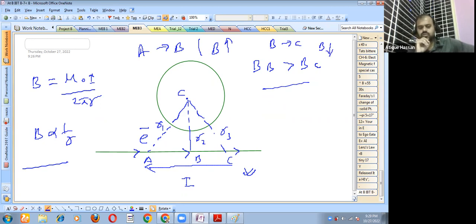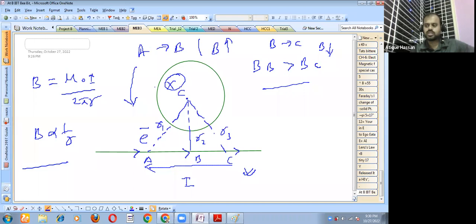Obviously, due to this leftward current, the magnetic field will be in the inward direction. So during the movement from A to B, the inward magnetic field is increasing.